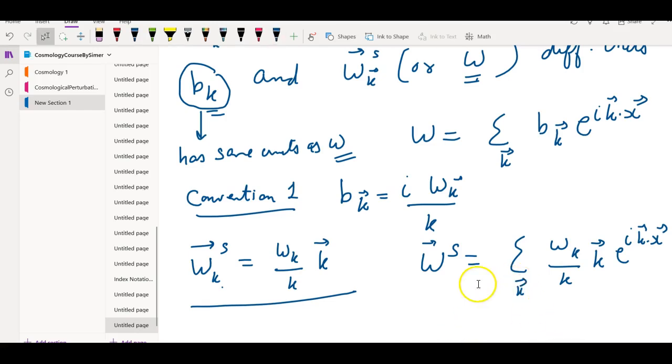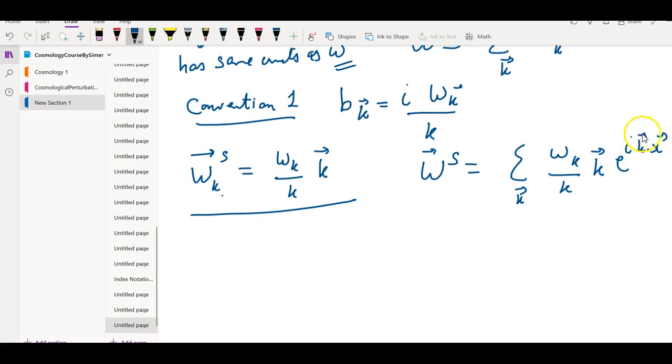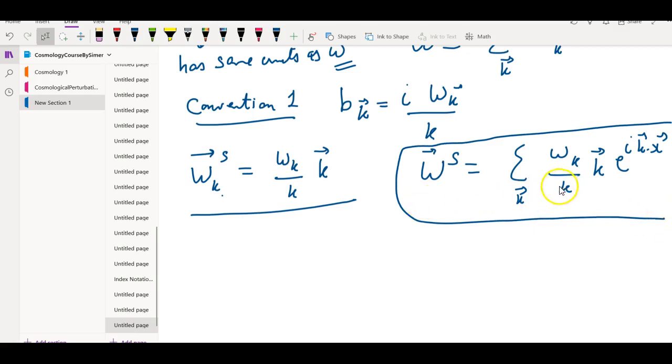And what is W? This is the expansion of WS. Is this right? Looks right, I think. Yeah.